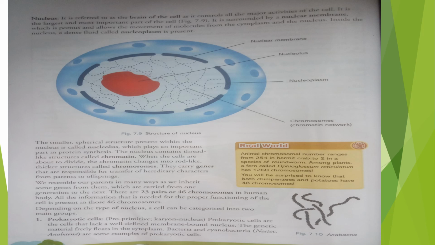Another type of cell, which is found in multicellular organisms, is called the eukaryotic cell. Eukaryotic cells are big compared to prokaryotic cells, and in the eukaryotic cell the nucleus is well-defined. Examples of eukaryotic cells are those of any multicellular organism.